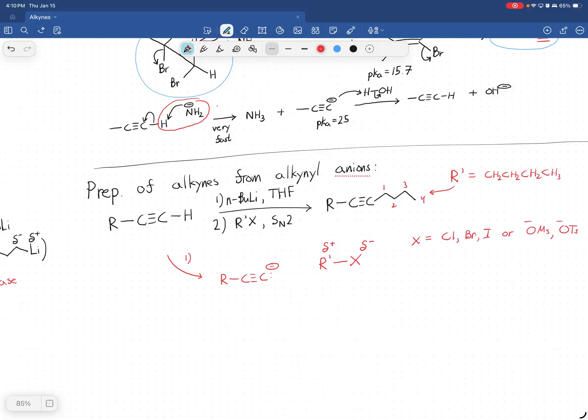So any of those will allow this transformation to happen, okay? So you're going to do an SN2 type reaction and kick off the X, and then you get to this product here. And I just made R prime my alkyl group, so you can see that we can actually add any primary alkyl halide to do SN2 type chemistry.